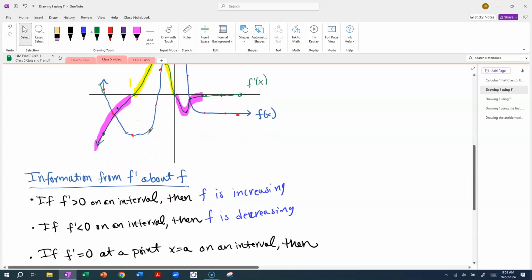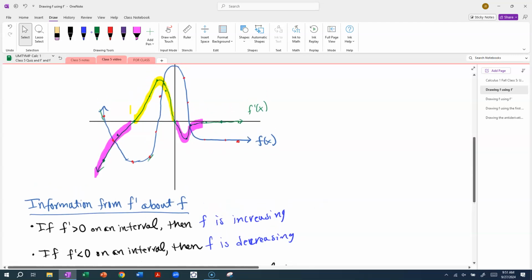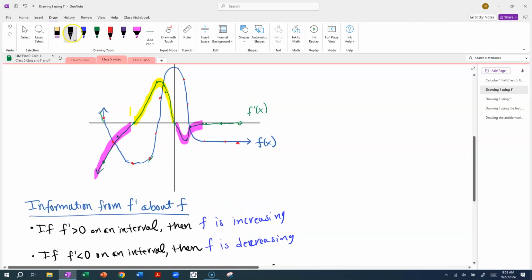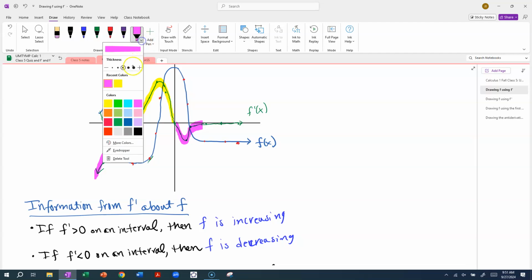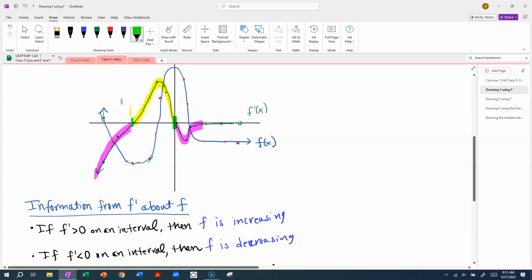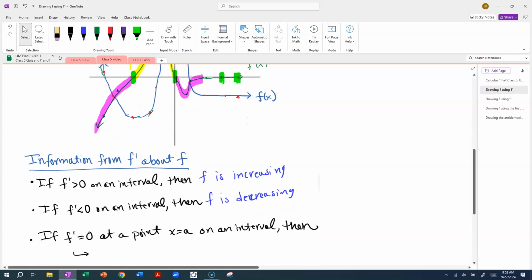If we saw that the derivative was 0 at that point, and I'll highlight those in green, so if the derivative was 0, like right there and all along here, what happened on the function? Well, in this case, we saw a minimum. At this point, we saw a maximum, and here we kind of saw a plateau.